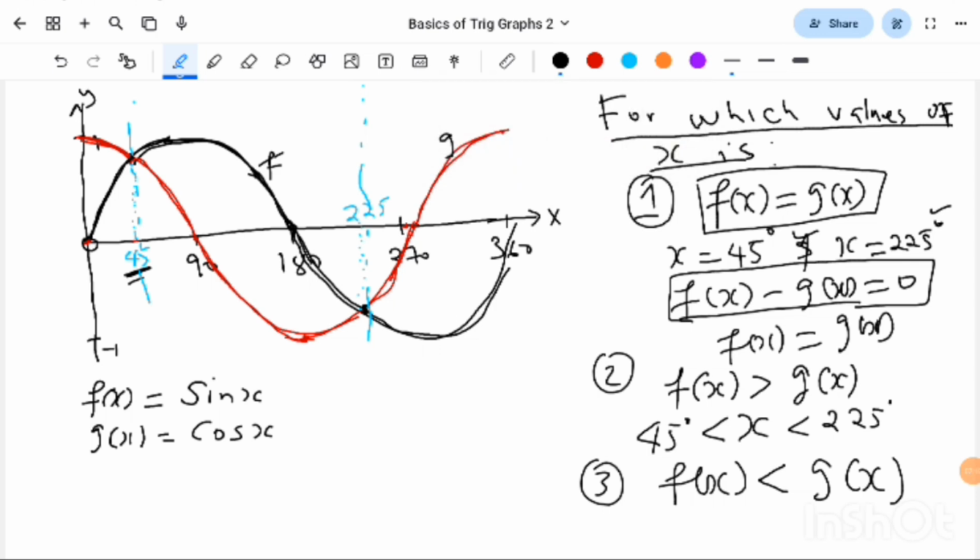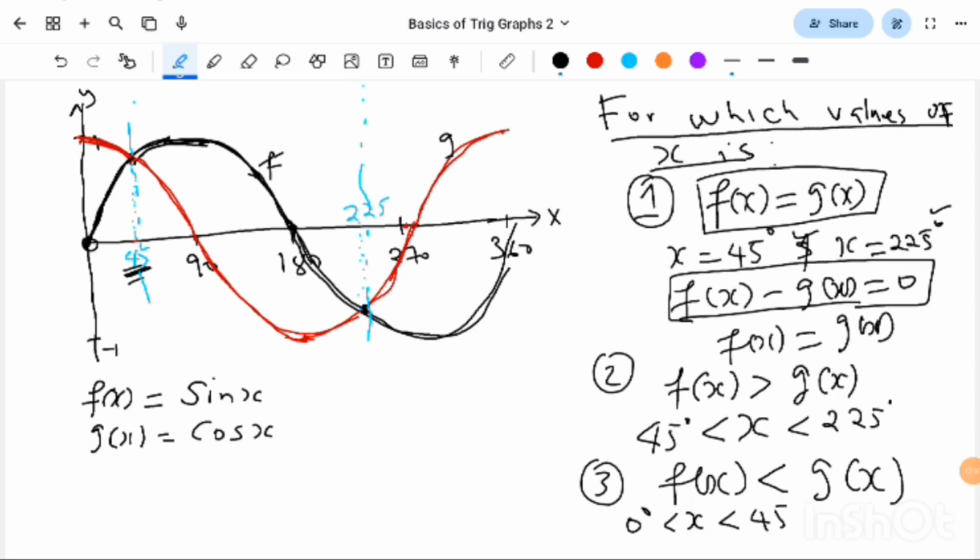We know that from 0 all the way to 45, my f of x is below g of x. After 45, my f of x goes above g of x. So from 0 to 45, my f of x is less than g of x.